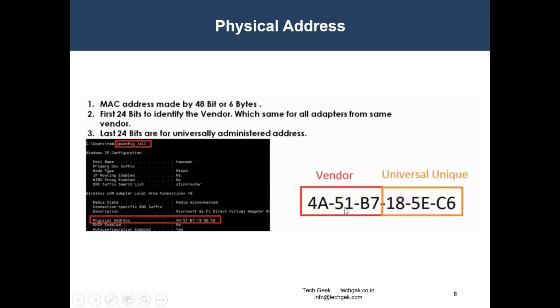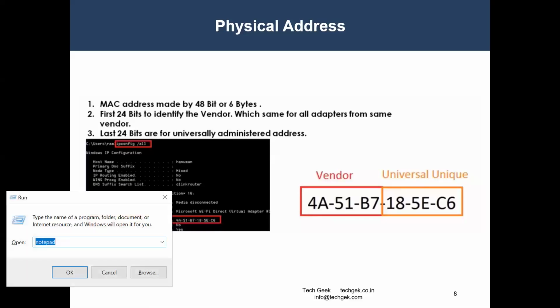If we look here, we have a total of 6 octets: octet 1, octet 2, octet 3, octet 4, octet 5, and octet 6. Each octet is 8 bits or 1 byte, so there are 6 bytes. The first 3 octets are used to identify the vendor. Let me give you one example here.